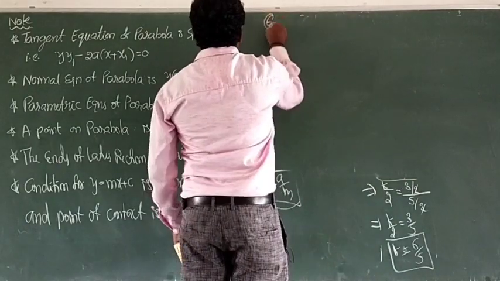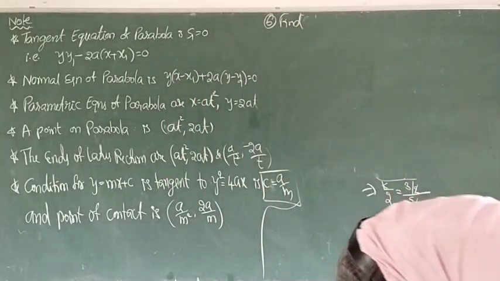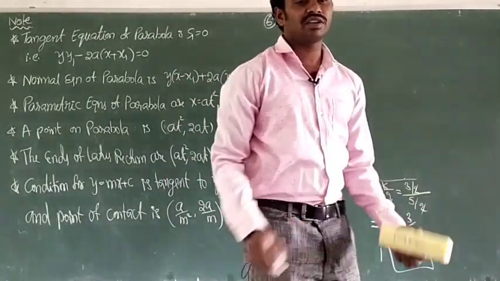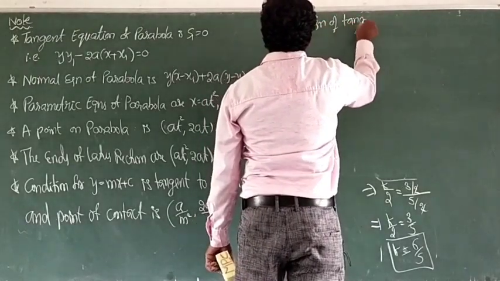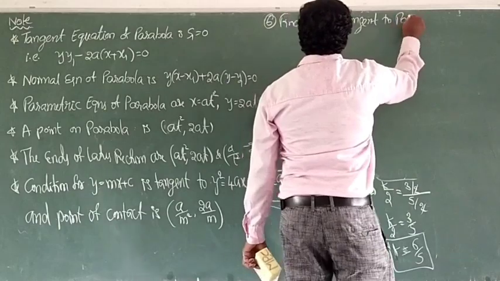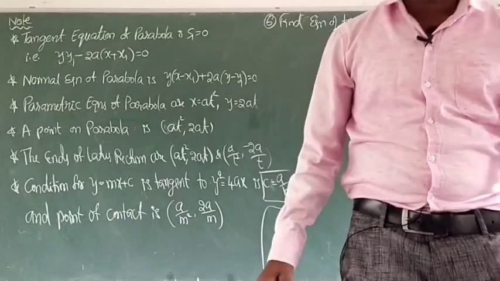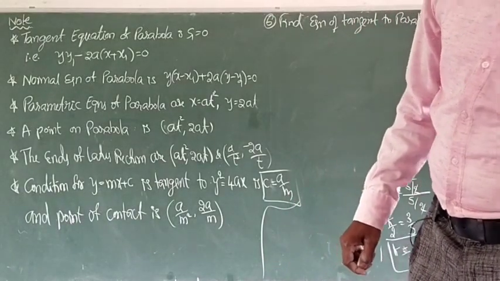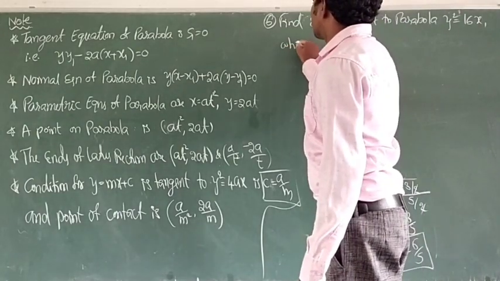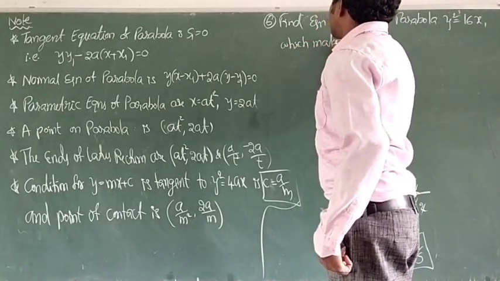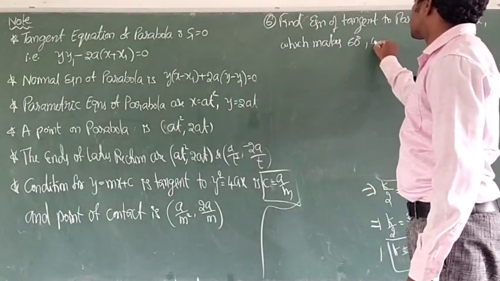Next question, only 9 questions are there, 2 marks questions. Find the equation of tangent to the parabola y² = 16x, which makes 60 degrees with the x-axis.